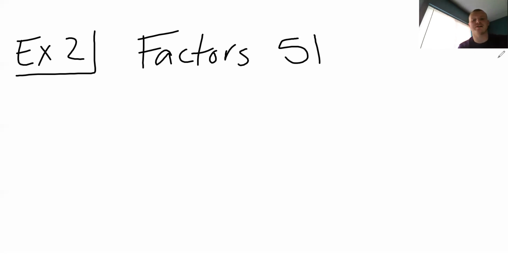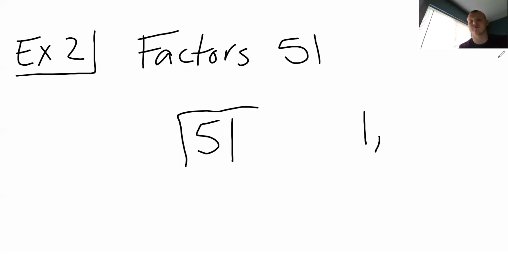So I'll start dividing things by 51. I won't have to divide any of the even numbers because an even number doesn't go into an odd number. So Oasis, what do I have? 1 and 51. What else do I have? I think you're right. 3 goes into 5 one time.